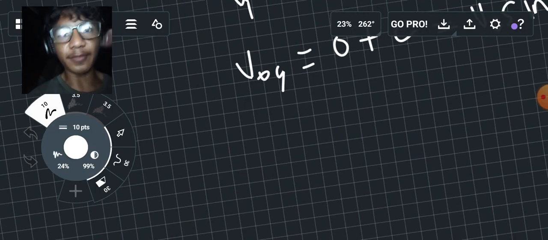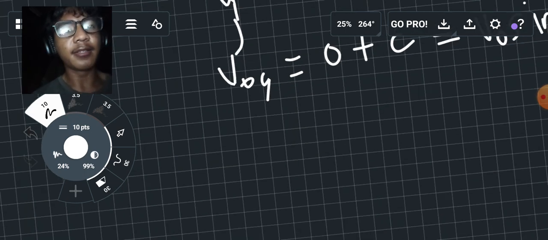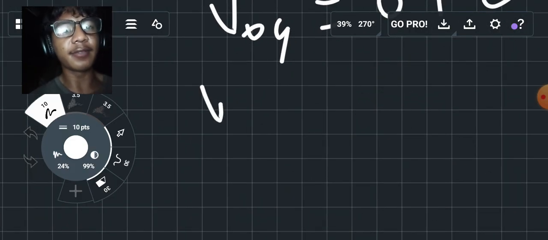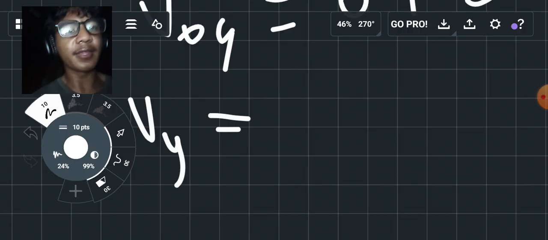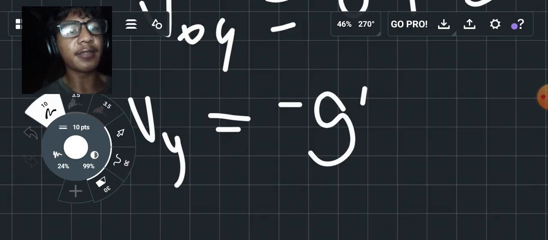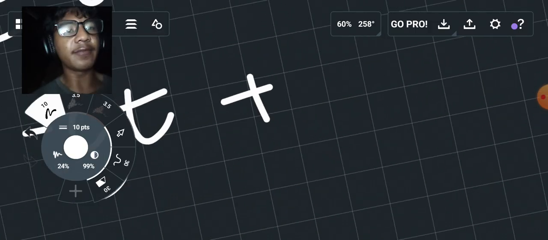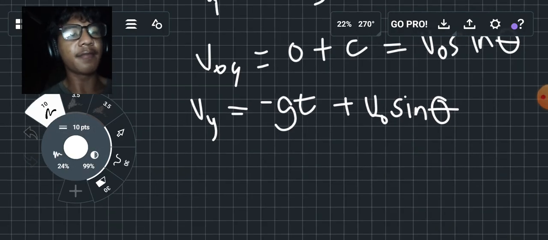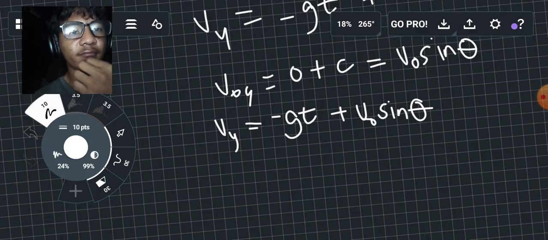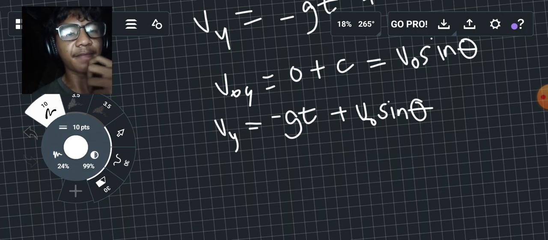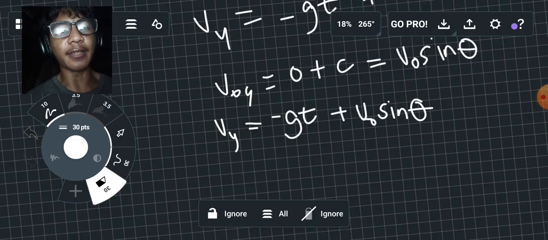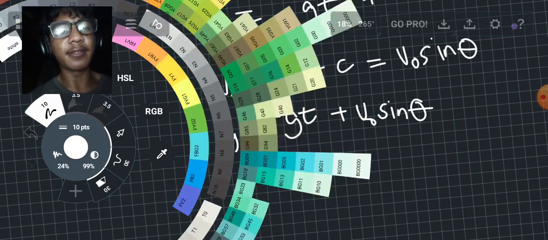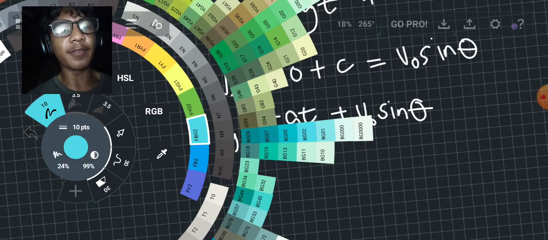So our full expression for the velocity in y is negative gt plus v naught sine theta. That is the velocity in the y direction of a projectile motion.